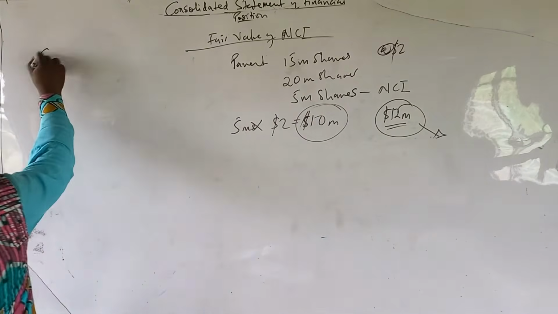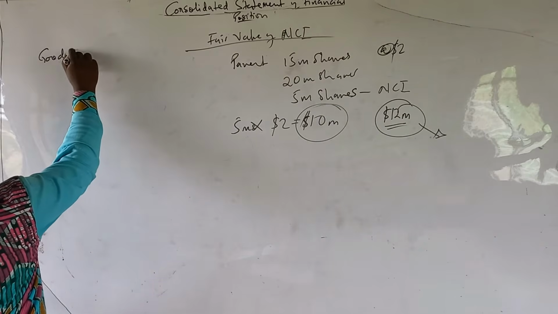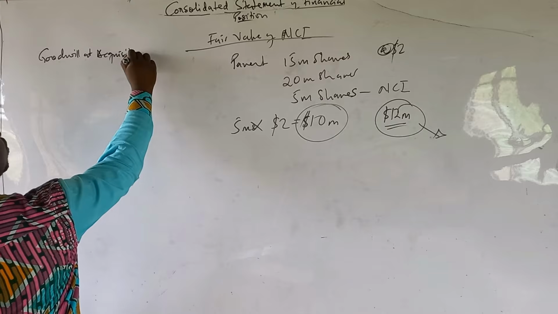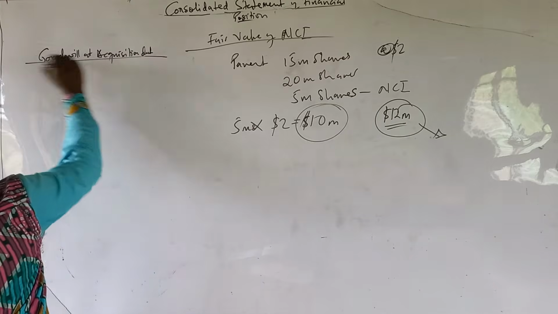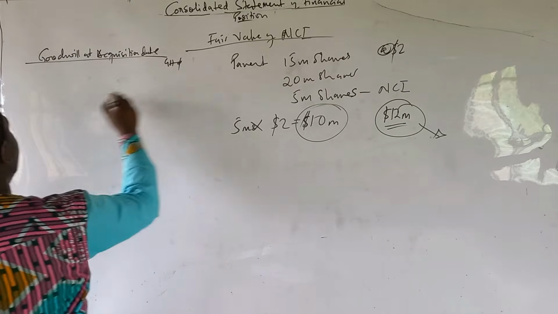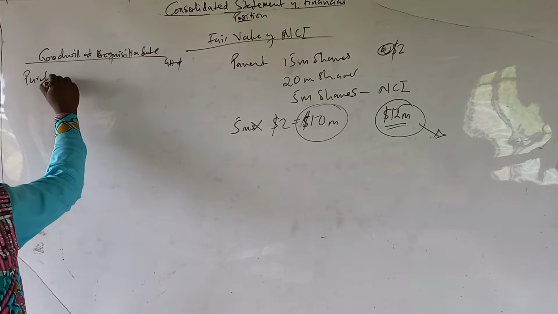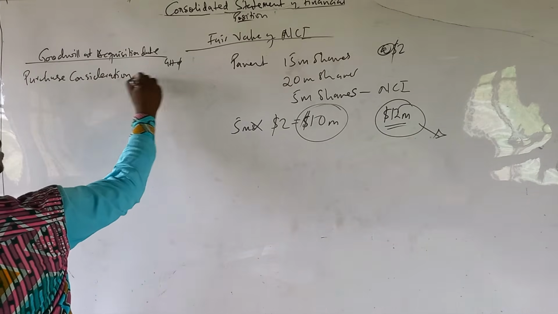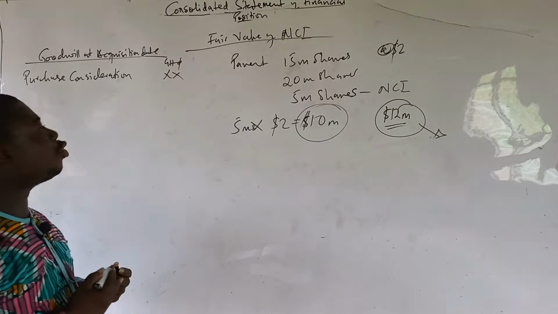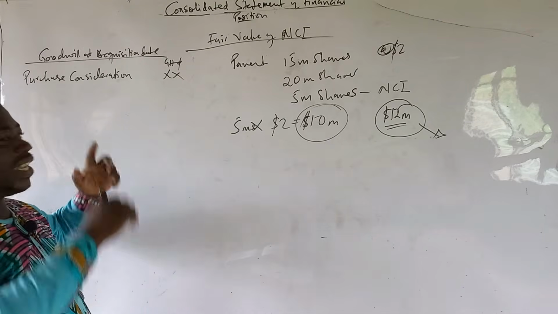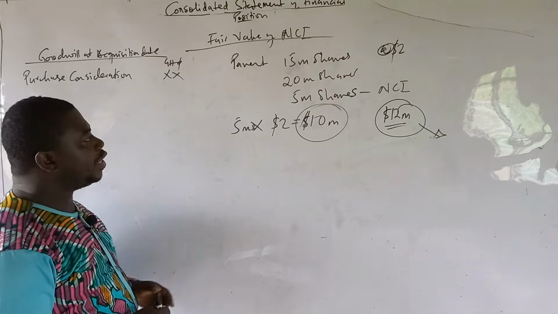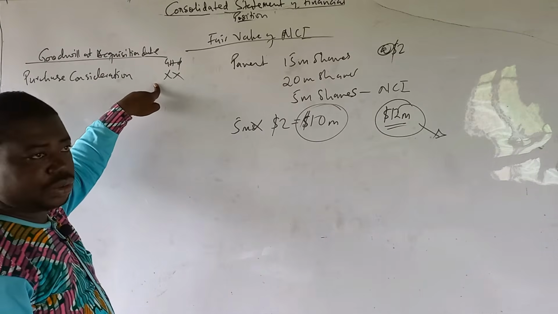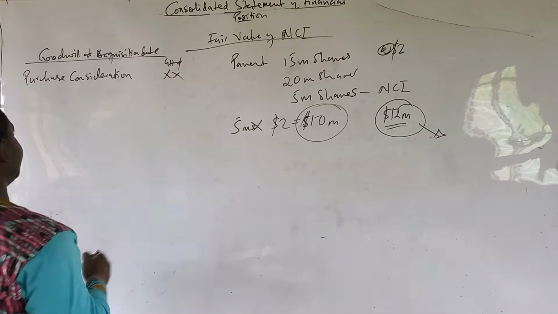So we'll say goodwill at acquisition date. Now we all know we begin with our purchase consideration. Now this purchase consideration, we just learned that a time is coming that it will not be given to us again. It will give us 2 different forms of consideration. So we'll do a working for that before we bring it into the goodwill estimation.